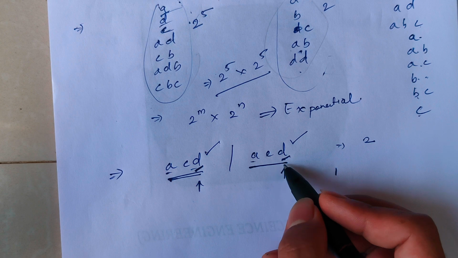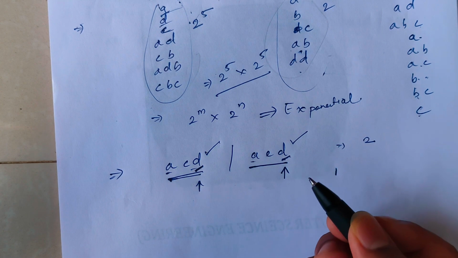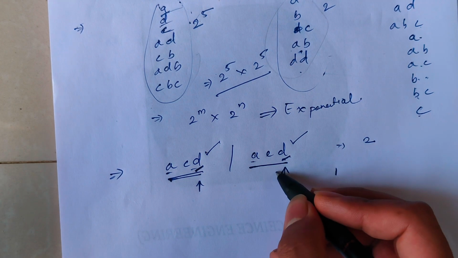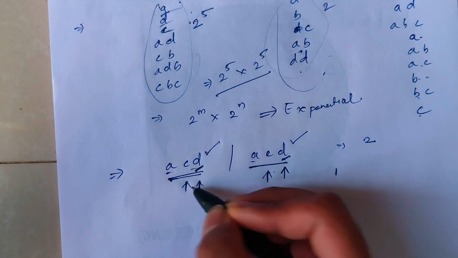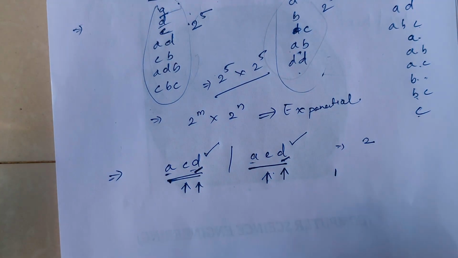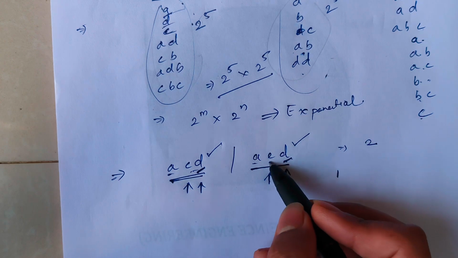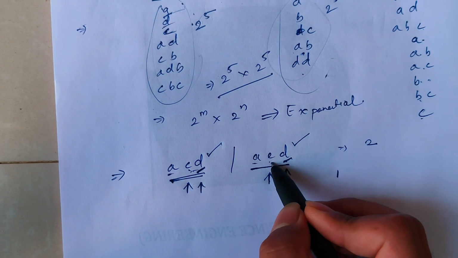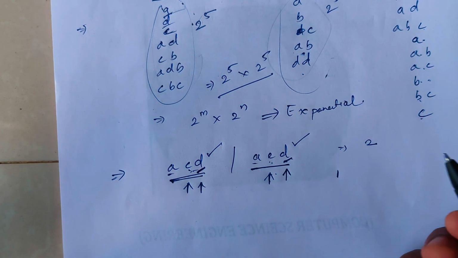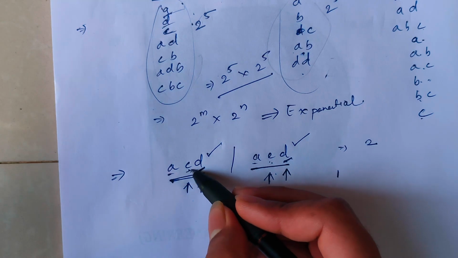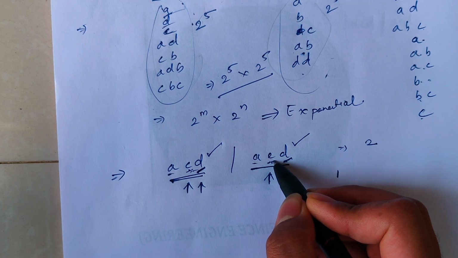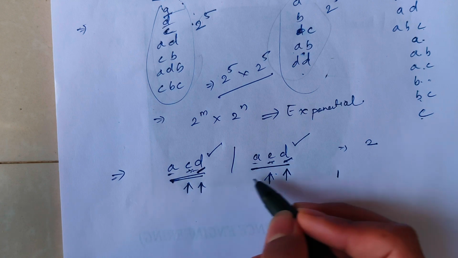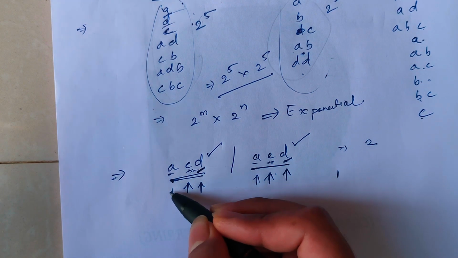So we can go ahead with both pointers. We can shift both pointers. Now we can see that C and E are not equal, so it would not contribute to our longest common subsequence. So we can shift both the pointers here.